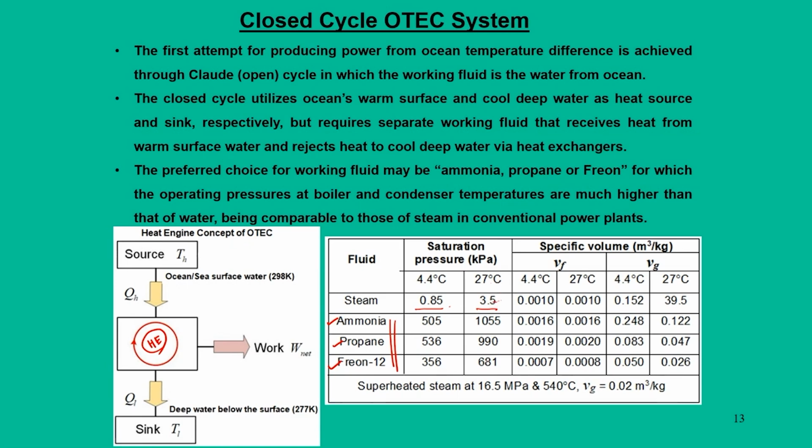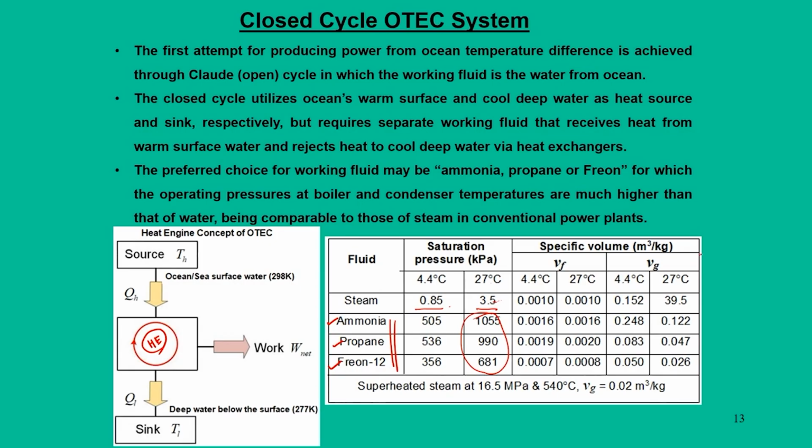But when you choose other working fluids, we can operate them at much higher pressures. When you operate at much higher pressure, losses will be minimal and there is a probability of harnessing the maximum potential of energy.